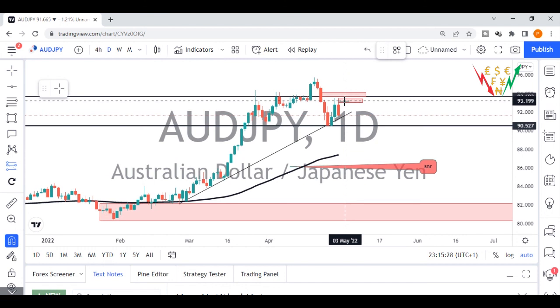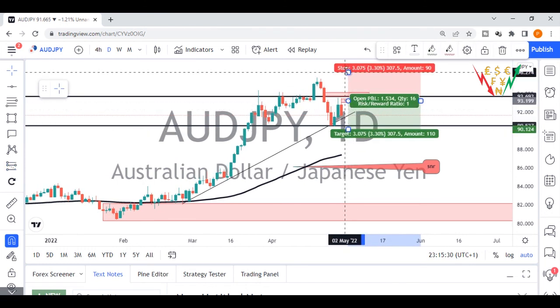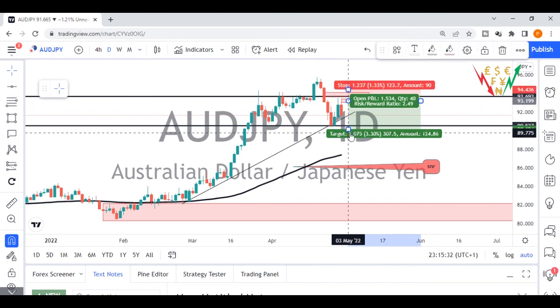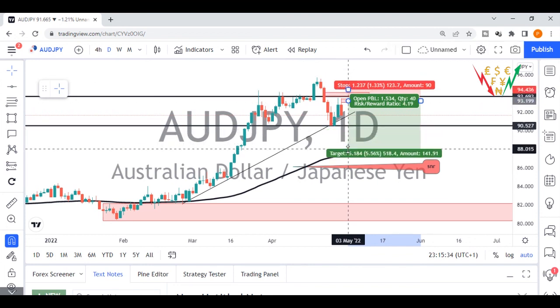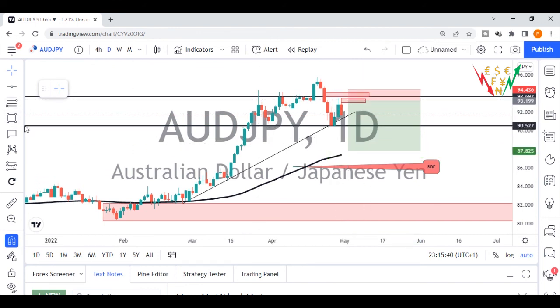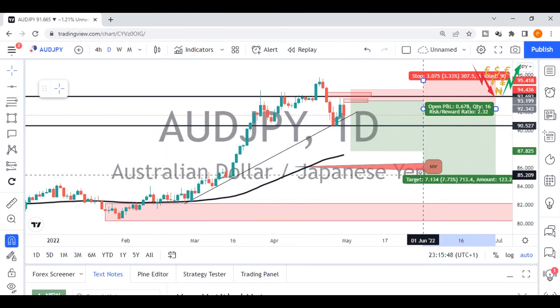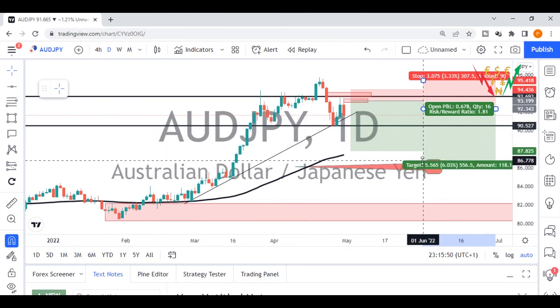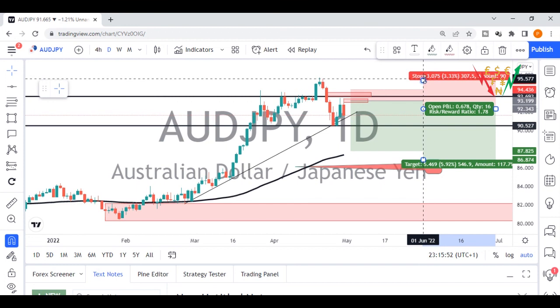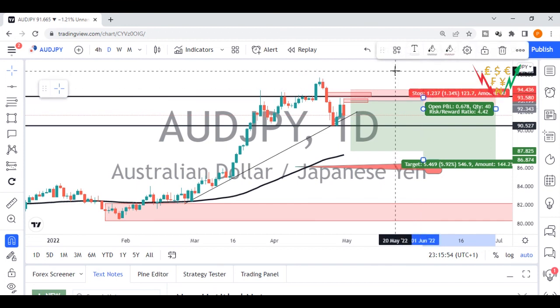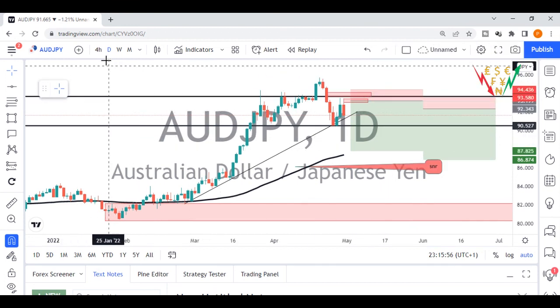We could have a short here, highly probable. Could have a short here. Could also have a short position here. Depending on how the market plays out, you could also have a short position here. These are all nice possibilities in the market.